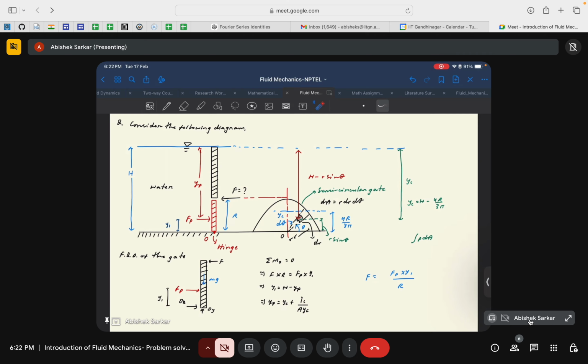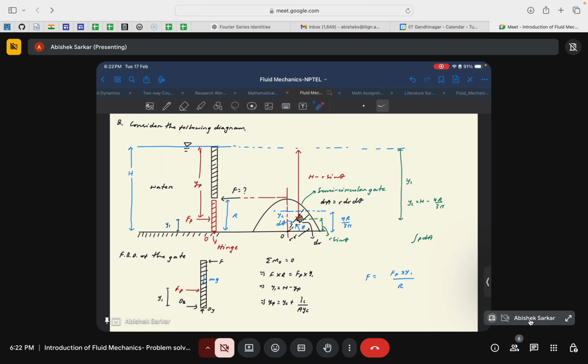But just to make these questions tricky, the examiners or teachers might change the shape of the gate to test your knowledge. For example, in this case it's a semicircular disc. It's a bit more complicated than a rectangular disc, so we need to treat the problem accordingly.